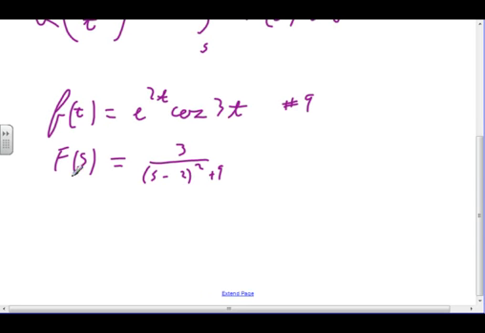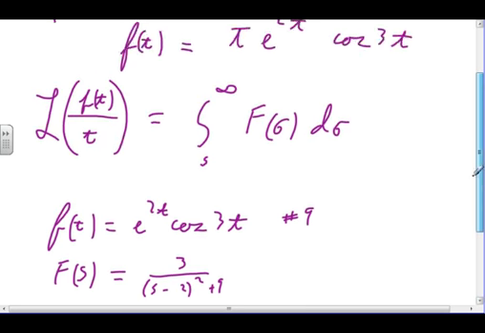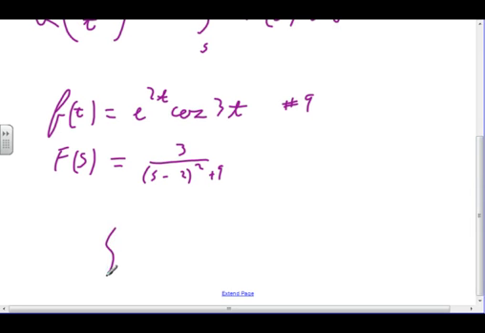Right, so that's how I get that. So now I want the integral from s to infinity of 3 divided by (sigma minus 2) squared plus 9 d sigma.